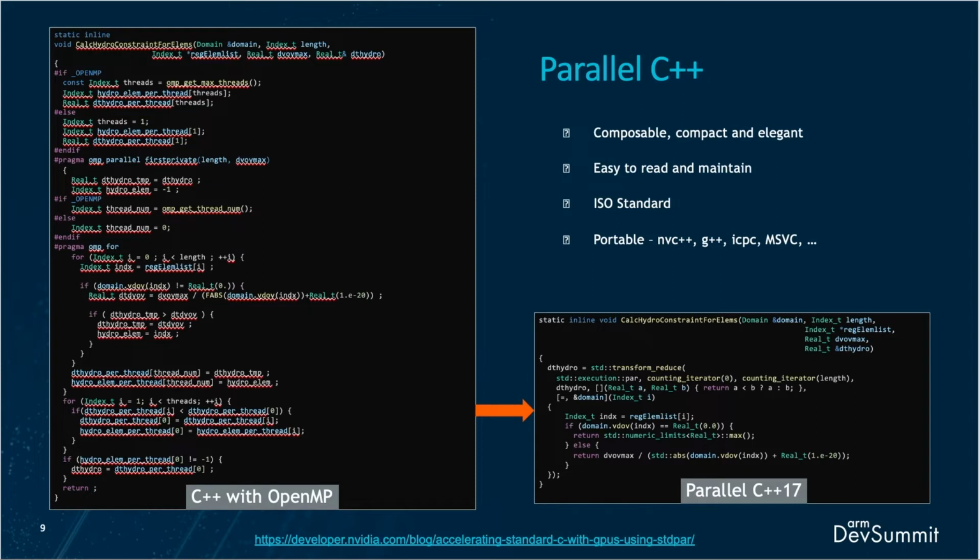extra statements. And what we see here is this code can be transformed into something that's more readable and more compact, and also has less architecture specificity, in the sense that the code on the right represents the transform reduce pattern in C++, which is equivalent to the map reduce pattern many people have heard about.